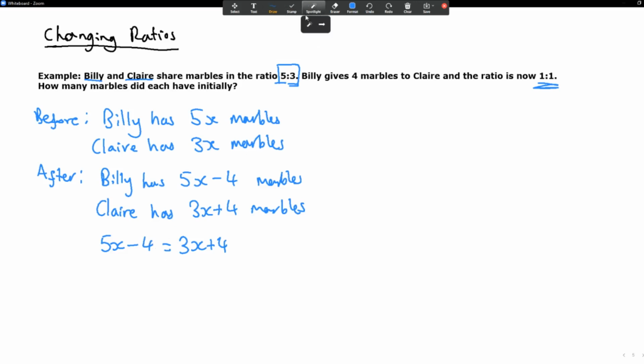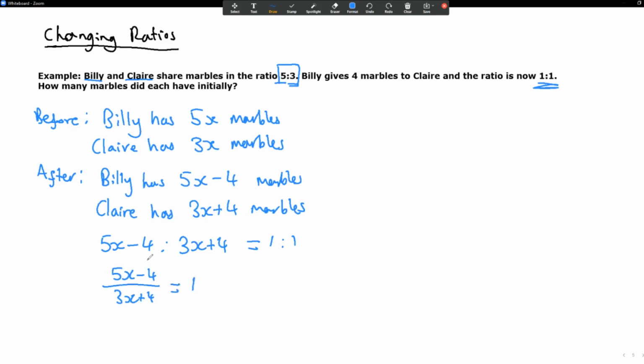Or we could write it like this. So this is the same as 1:1. So we can write that in fractional form, which gives us 5x minus 4 over 3x plus 4 equals 1.